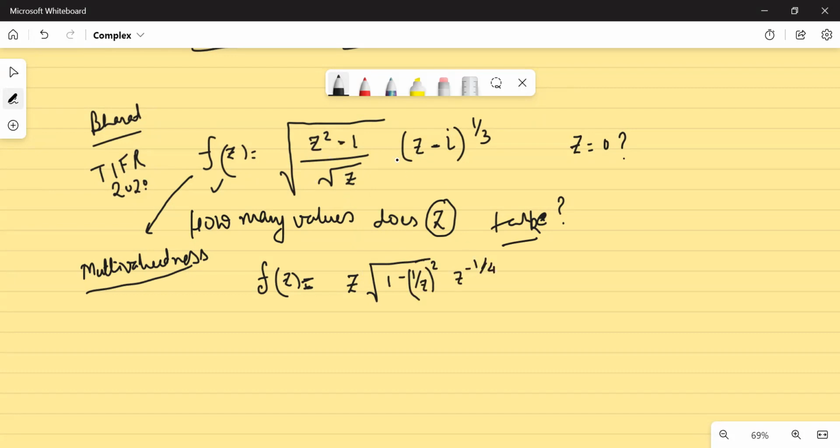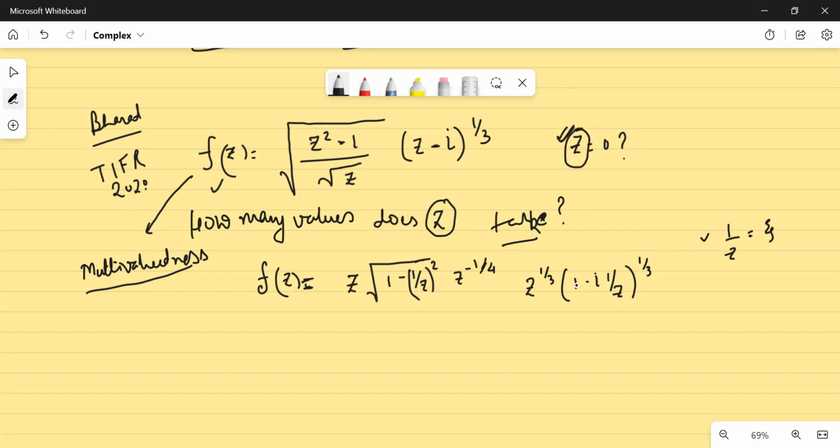And if you take this also common out, you will get z power 1 over 3, and you will get 1 minus iota upon z. So I'll write it as 1 over z, keep power 1 upon 3. Let us write 1 over z as zeta. We are not interested in 1 over z because the question is asked on how many values can z take.